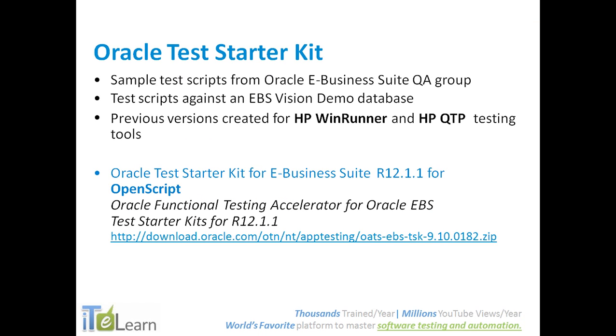And with the starter kit, we get the sample scripts from Oracle E-Business Suite, and test scripts, again an inbuilt application, that's the sample project which we get with the kit. Previous versions were created for WinRunner and for QTP testing tools. And Oracle Test Starter Kit for eBusiness for OpenScript, and this is Oracle Functional Testing Accelerator for Oracle EBS Test Starter Kits.